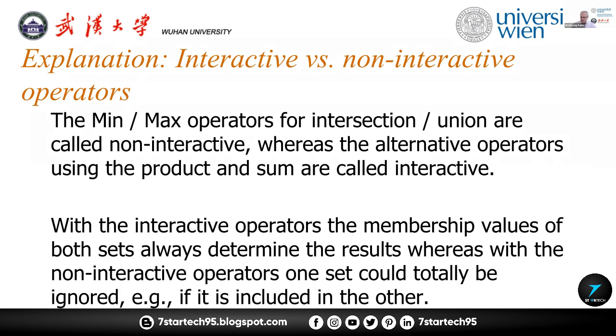And for this intersection operator, we will use mainly the product operator or any other interactive operator, rather than the minimum operator that we might not use. Of course, we can use it, but we will most likely use the interactive operators.